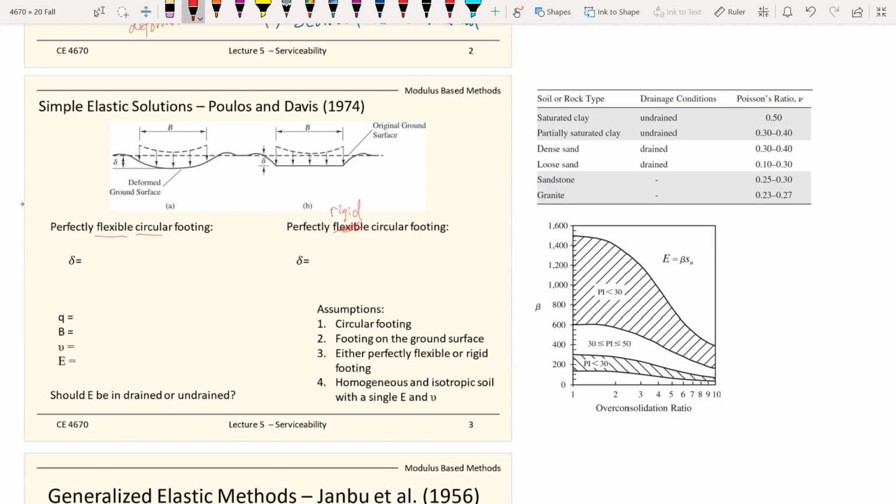And for each of them, you have your formula. The deformation is q times B times one minus the Poisson ratio squared, divided by the modulus. That's why this is called the modulus based method, because it depends on the soil modulus.